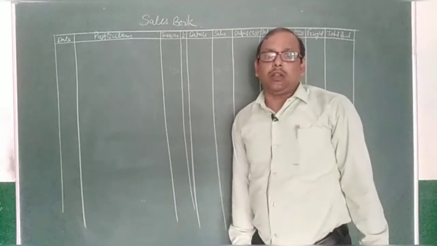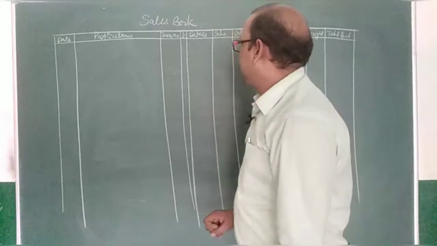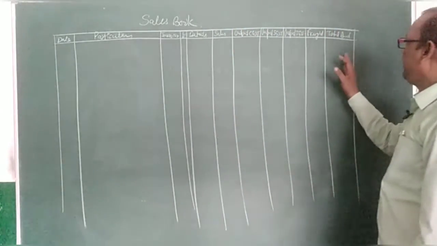See, this is the column layout for the sales book with GST. Without GST, just ignore these columns; after details there will be the total amount.